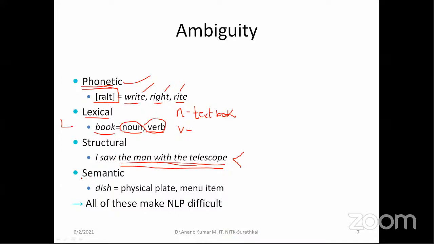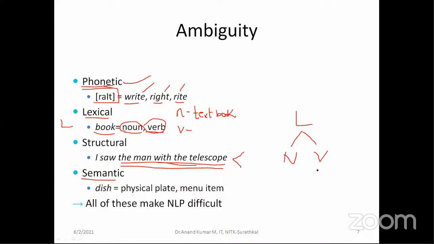The semantic level is again related to the lexical level. There is a minute difference between the lexical level and the semantic level. I'll explain. Semantic level also has multiple meanings, but not different grammar categories. Same grammar category, multiple meanings. In lexical level ambiguity, we have seen two meanings because of two grammar categories, one a noun and the other maybe a verb.